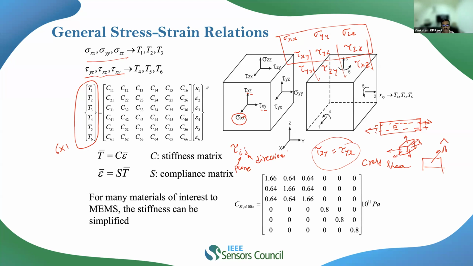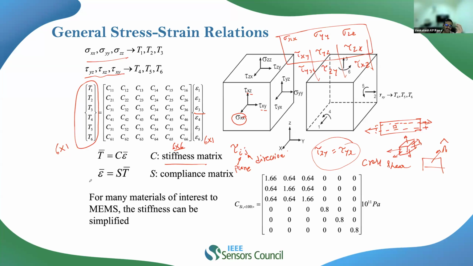And similarly, here you will have three normal strain components and three shear strain components, so you will again have a 6 by 1 vector. And whenever you take a three-dimensional state of stress, this will become a 6 by 6 matrix. Since it dictates the elasticity of your material, we call it the matrix of elasticity coefficients, or since the elasticity dictates the stiffness of the material, we even call it the stiffness matrix.